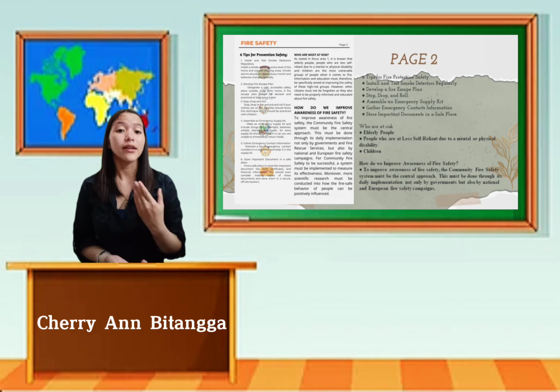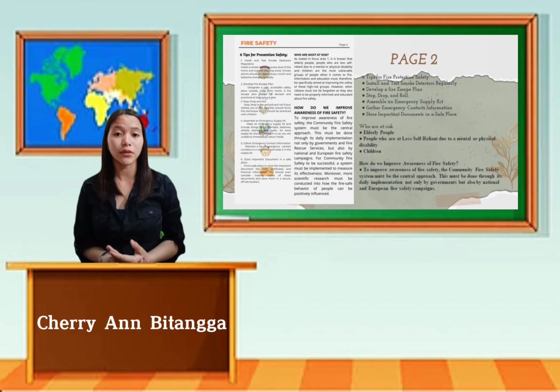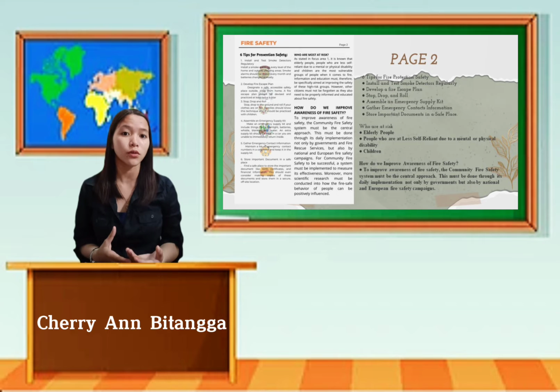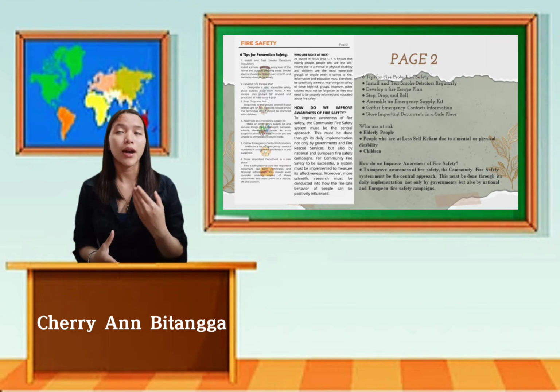First, install and test smoke detectors regularly. Install a smoke alarm on every level of the home and outside sleeping areas. Smoke alarms should be tested every month and batteries changed annually. It is very important to have smoke detectors in our homes, because if we suffer a home fire, smoke detectors can reduce our chances of dying by nearly half.